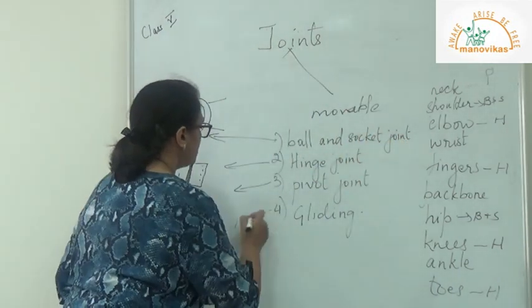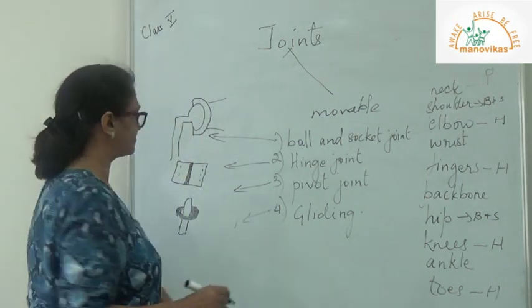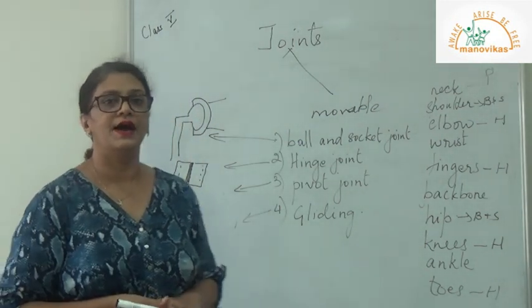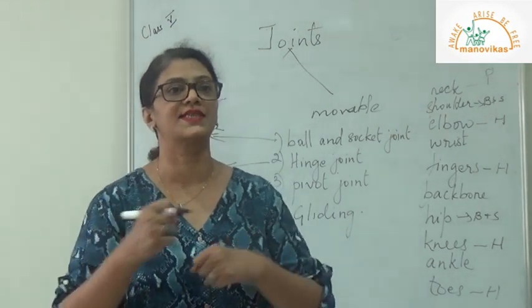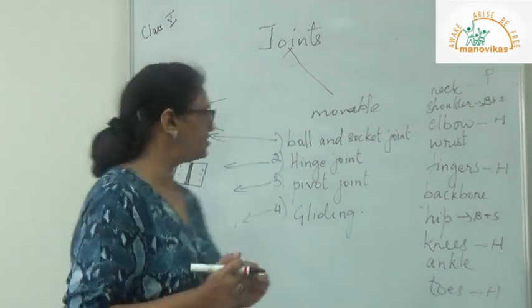Fourth is the gliding joint. The gliding joint allows the bones to slide on each other.